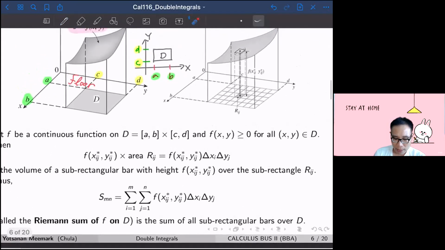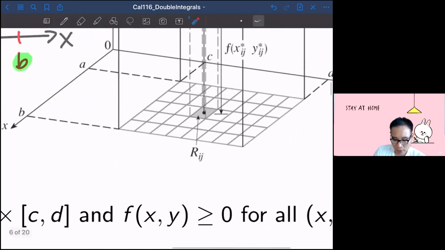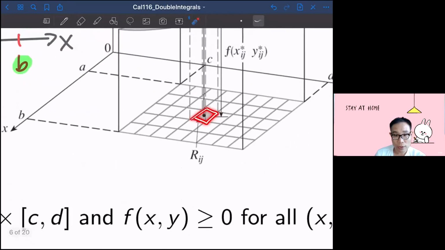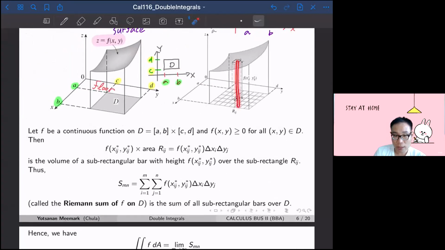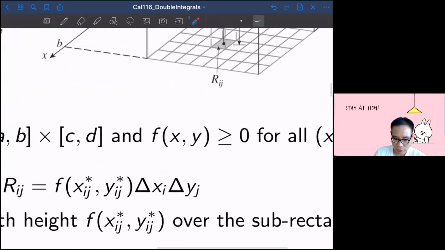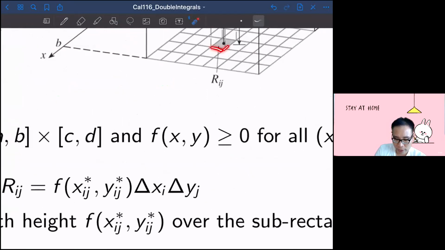The volume of the bar turns out to be the area of R_ij, which is this small rectangle here, multiplied by the height. The height will be the height of your surface here. So it's going to be f(x_ij, y_ij) delta x_i delta y_j, because this one is a small delta x_i and here it's delta y_j like this.